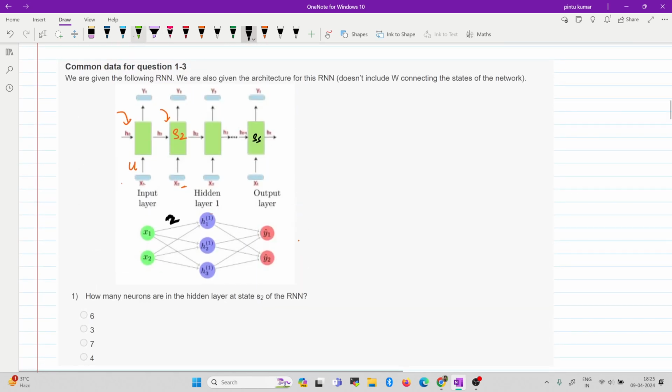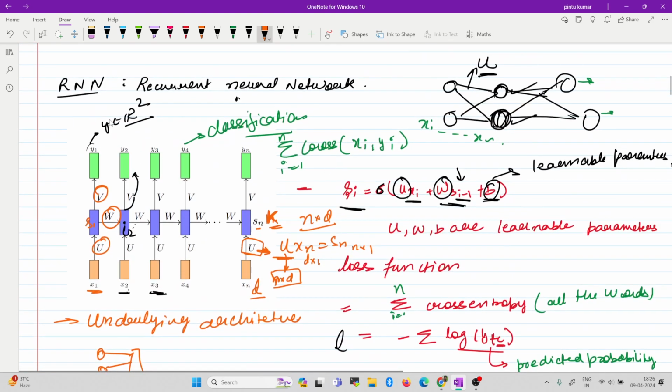In RNN, W is the matrix over here, which gets multiplied by your previous state, and that is added to the input that you are giving, so that you obtain your Si. This is the exact formulation, so you can look at the W over here.